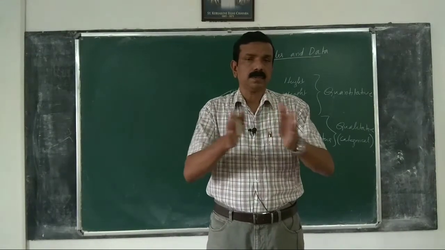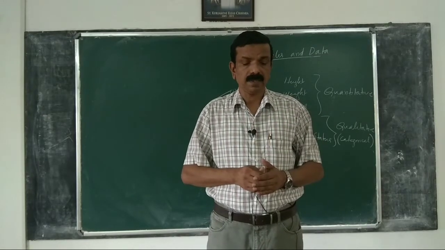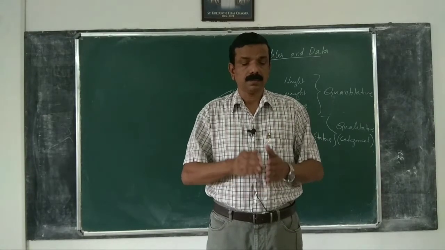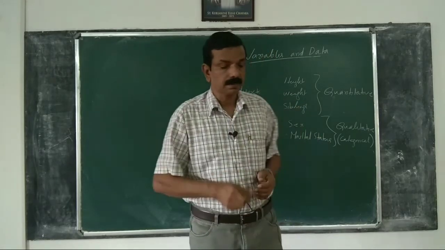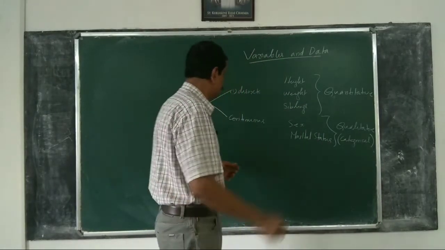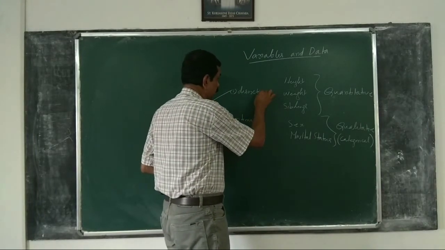A discrete variable is a variable whose possible values can be listed, even though the list may continue indefinitely.